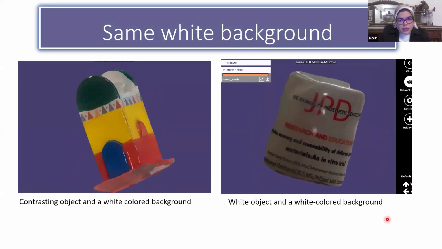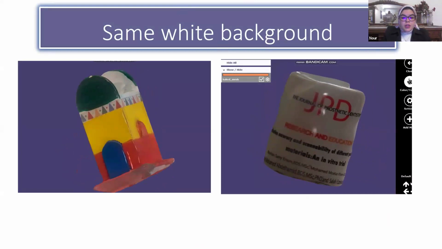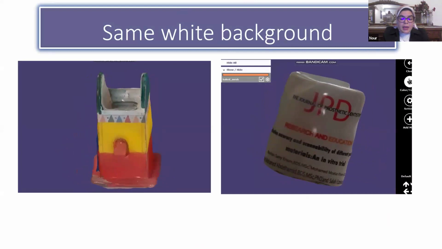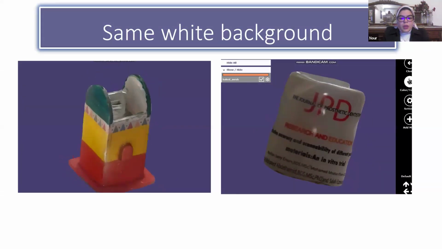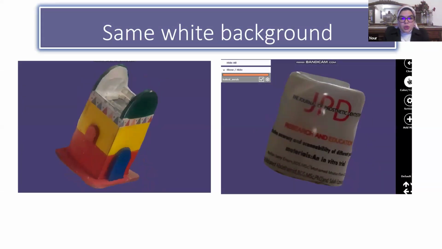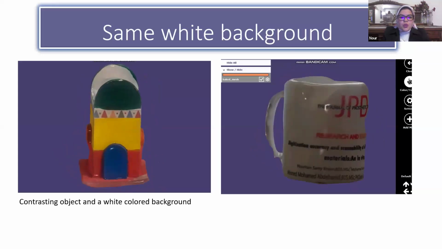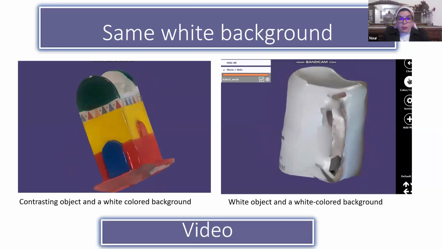And why did this happen? This happened because the first one was textured. As you can see here, the first one had lots of texture, lots of color, and can definitely be easily stitched from images, or separated from the background. But here the background was white and the cup was white, and here came the problem.